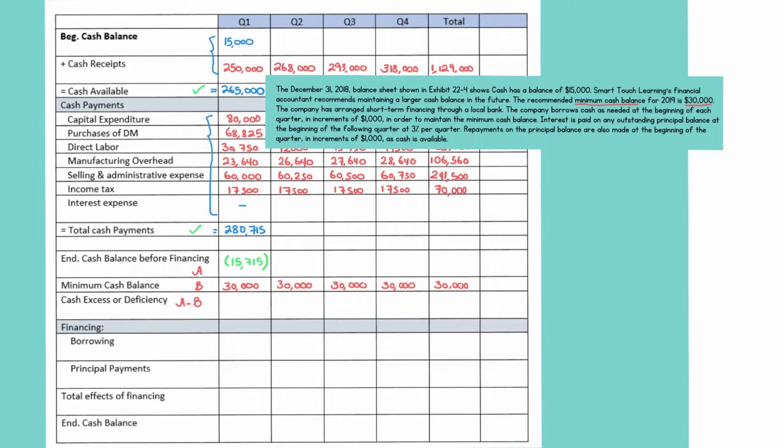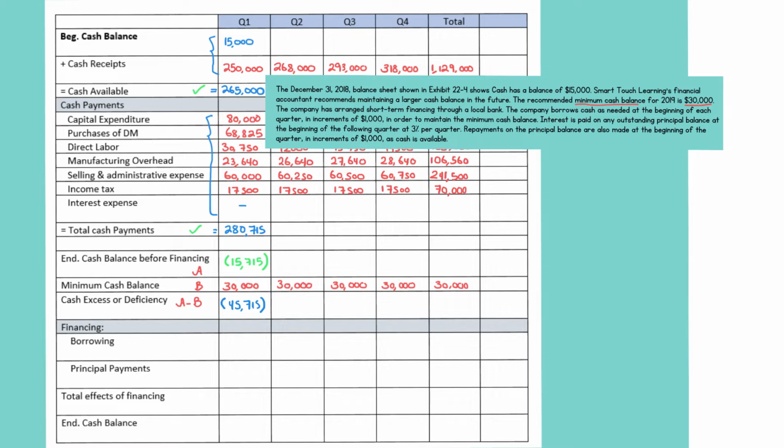So negative 15,715 less 30,000, so you are below the minimum by 45,715.